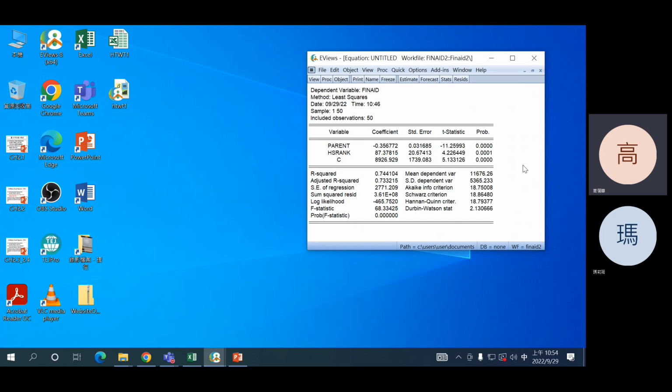What's the measurement unit? Dollars. So this one is for 1%, and this one is for dollars. Yes, make sure of all the measurement units. That's all.